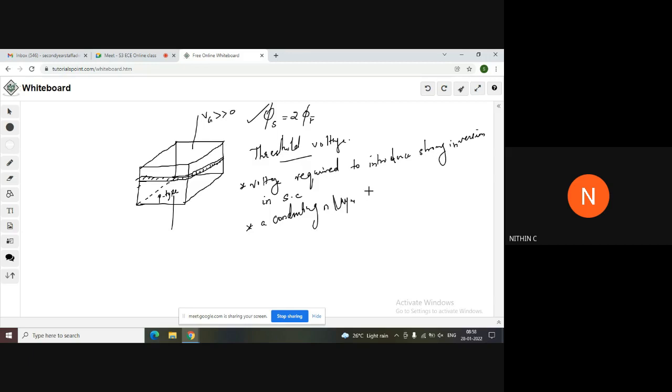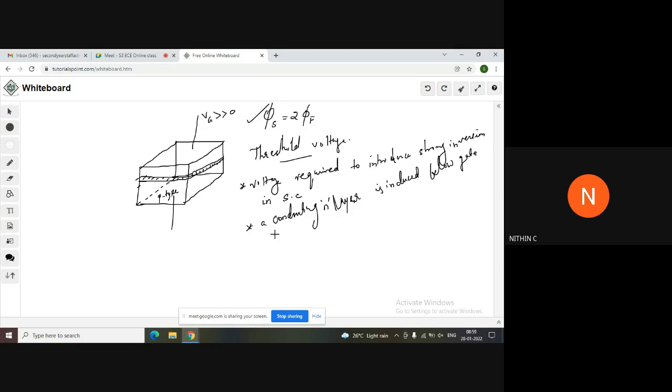A conducting N layer is induced below the gate. This is actually the gate region. The metal region is the gate region. Below the gate region, that is at this level, at the oxide-semiconductor interface, a conducting N layer is formed when inversion happens.